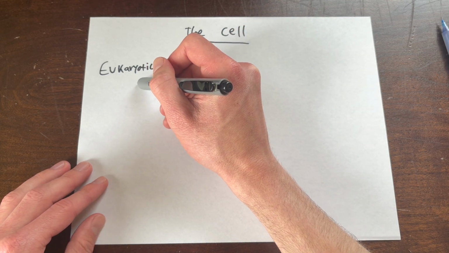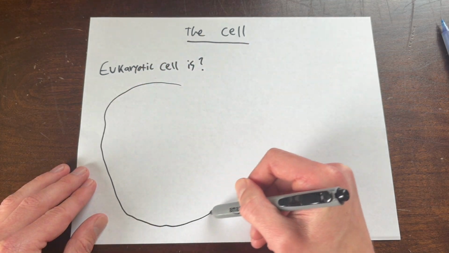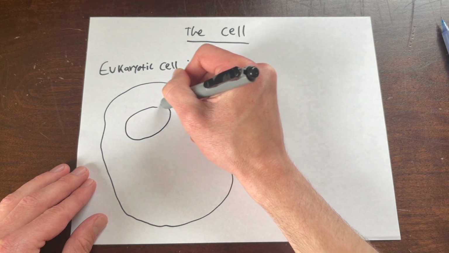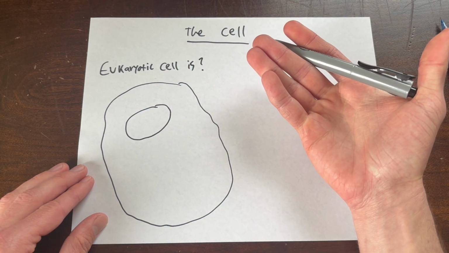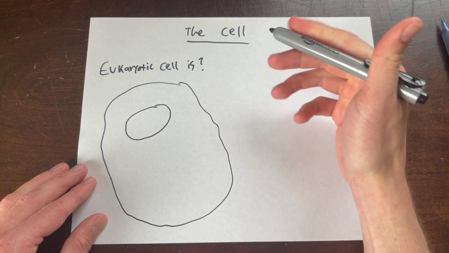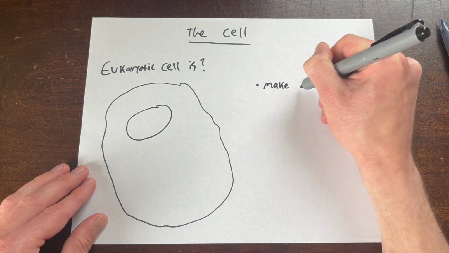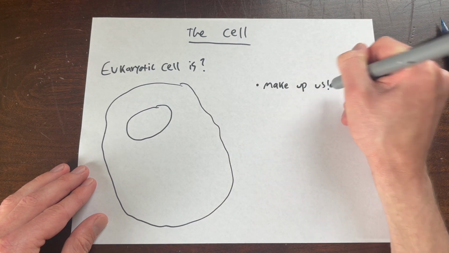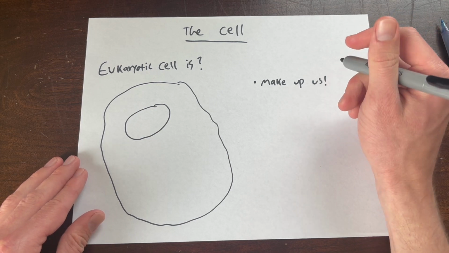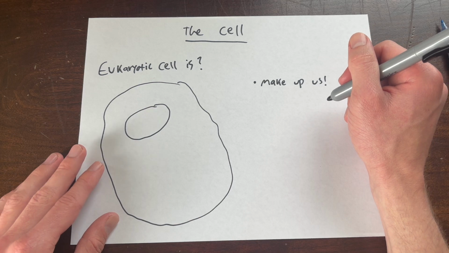So I'm going to draw it out for us. Eukaryotic cells are the cells that make up us. So these are your bone cells, your brain cells. Basically, any cell in an animal is a eukaryotic cell.